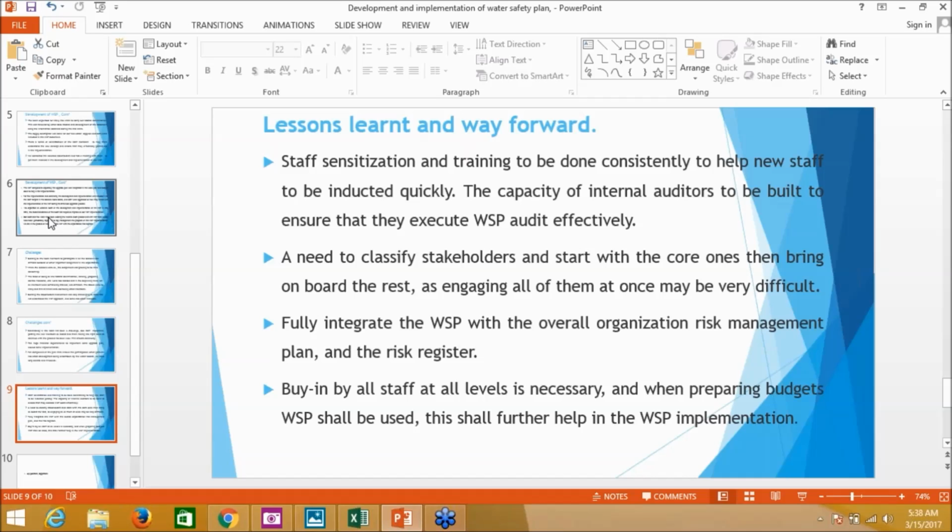Because if, for example, water supply is affected, the entire operation of the utility is affected. You cannot bill, you cannot read meters, you cannot collect. So if water quality is good and consistent, then the entire operation also improves. So that buy-in is very important, so that everybody understands that everybody has a role to play in water safety planning and in supplying water that meets the customer's expectation at all times.